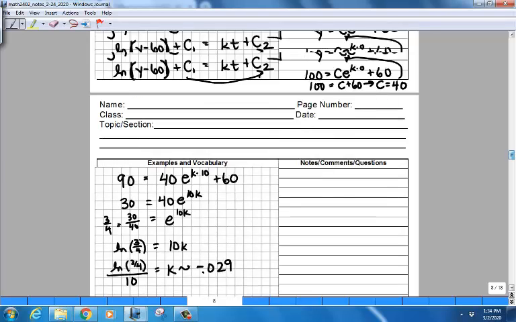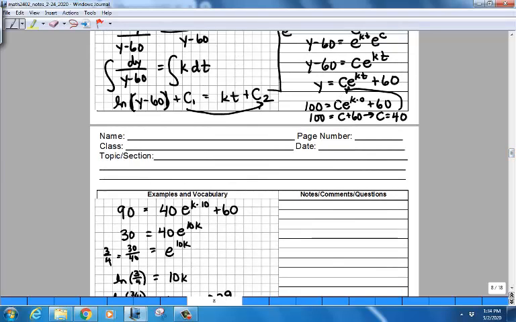So finally now we can write down the complete formula. Let me erase this, and this arrow. So C was 40, and k is approximately minus 0.029, times t, plus 60.